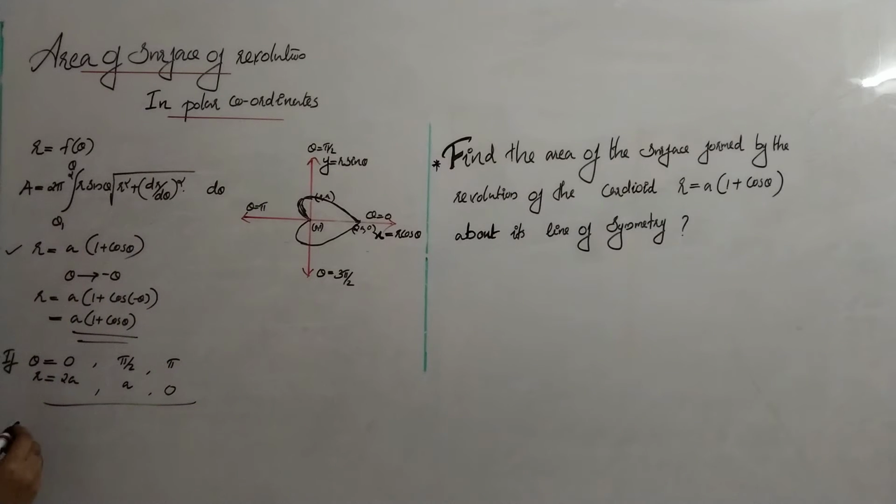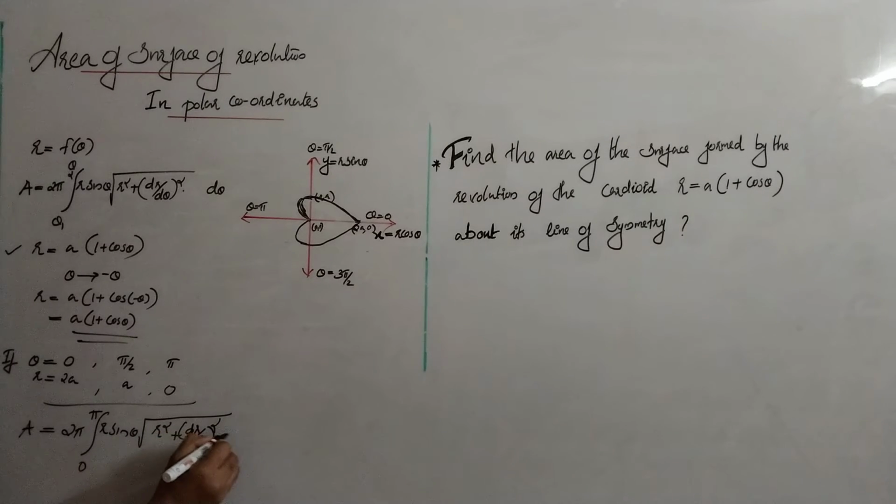So the limits of integration are 0 to pi, that is A is equal to 2 pi into integral 0 to pi r sin theta into root of r square plus dr by d theta square into d theta.